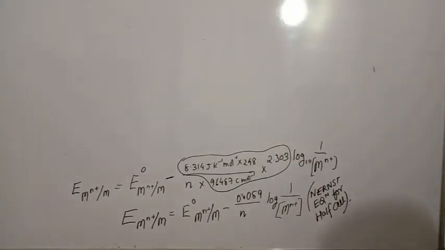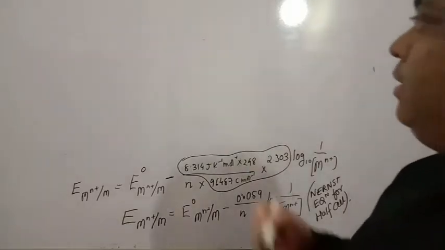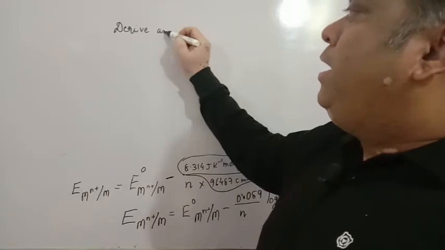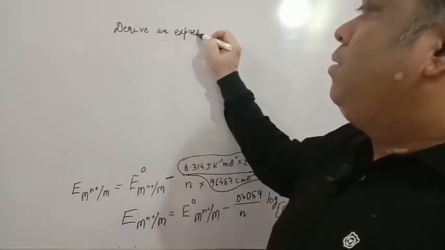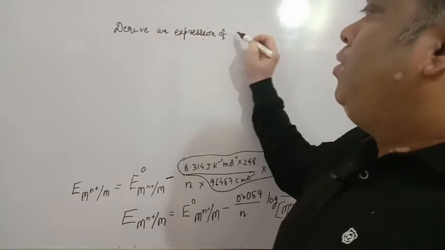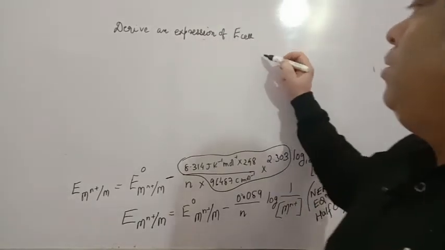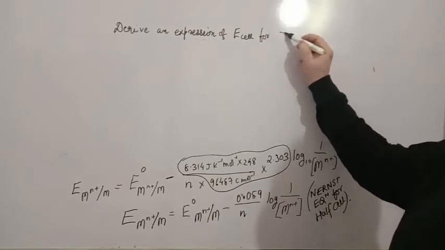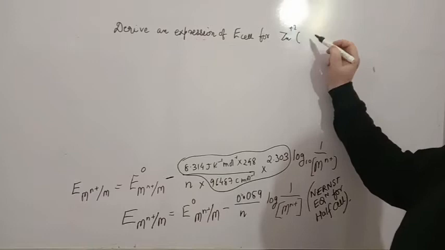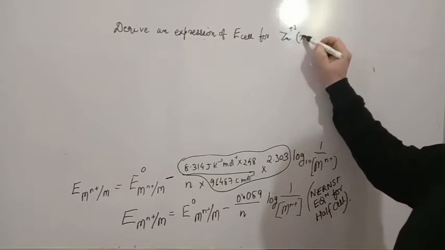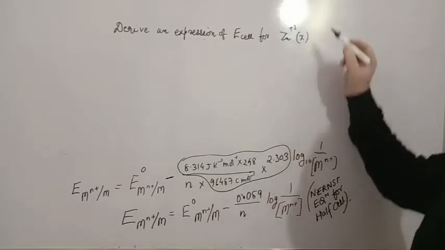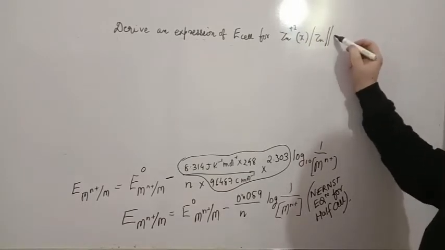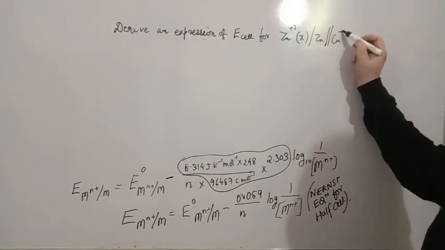Let me make this concept in the form of a question like this. Derive an expression for E cell for the cell notation: Zn2+ with concentration x M, because it is not 1 molar now, separated by a salt bridge from Cu2+.